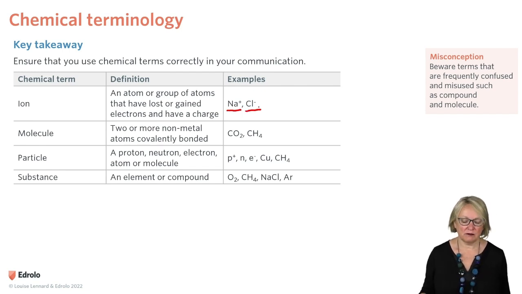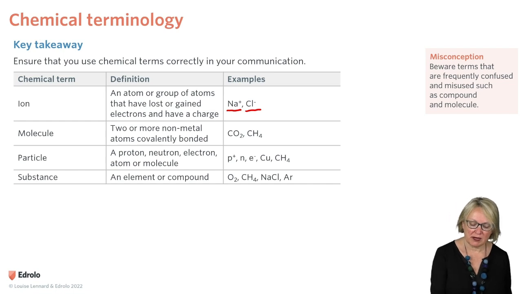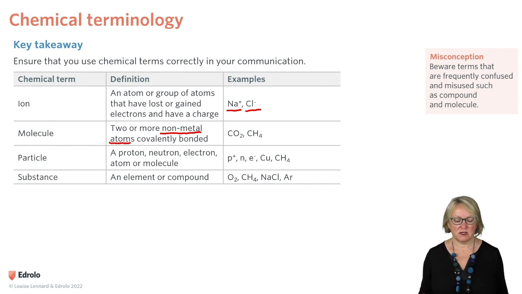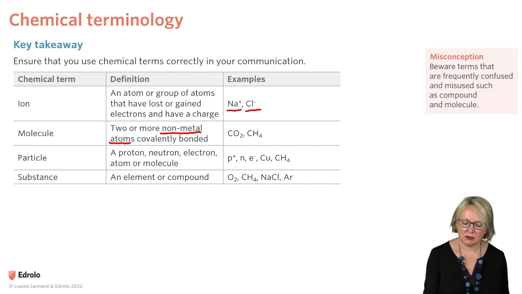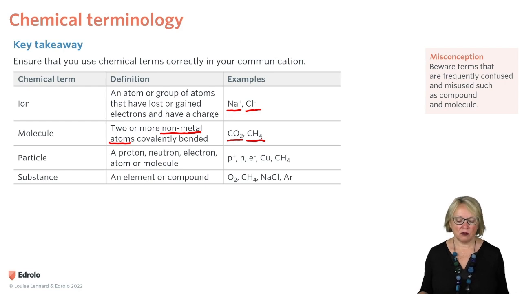A molecule is two or more non-metal atoms that are covalently bonded. So sodium chloride is not a molecule. It's a compound, but not a molecule. Molecules include carbon dioxide and methane. A particle could be a proton, a neutron, an electron, an atom, or a molecule.